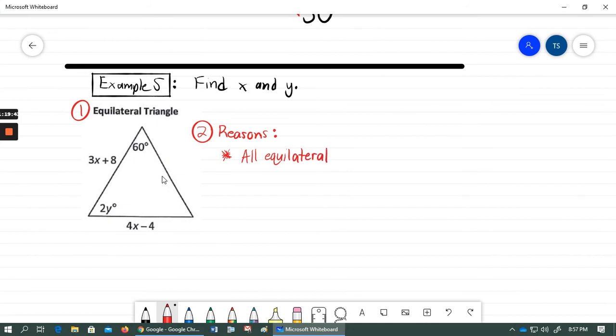And if it's equiangular, guys, that means that each angle is equal or the same, right? And we said that for an equilateral triangle, if each angle is the same, that technically means that each angle is 60 degrees.